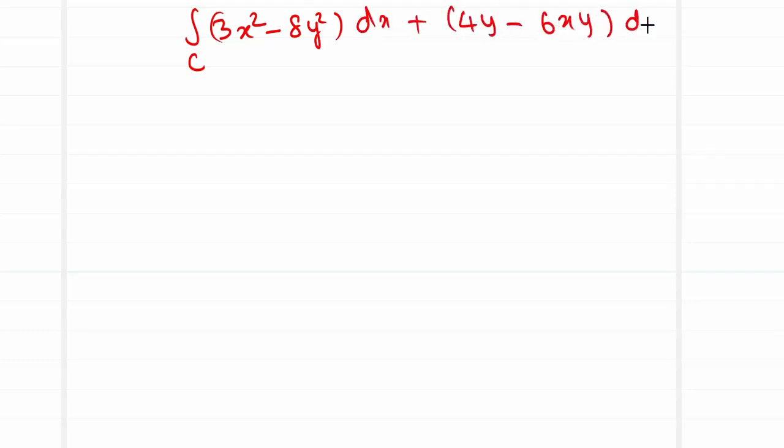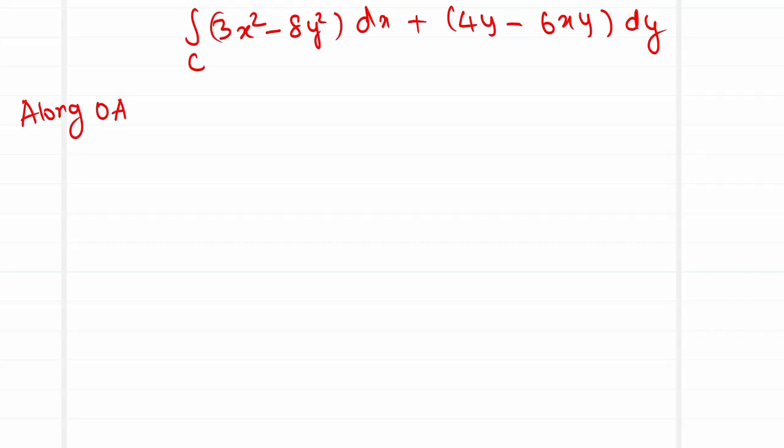So the integral is the integral along the curve C of (3x square minus 8y square) dx plus (4y minus 6xy) dy. Now the first curve is going to be along the line OA.